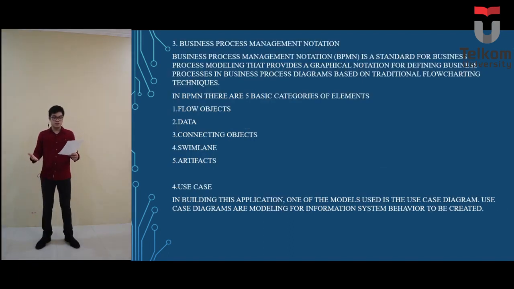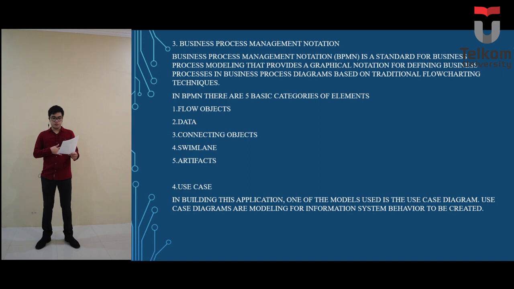Okay, in business process model and notation, in BPMN there are 5 basic categories of elements. The first is flow objects, then data, and for number 3, connecting objects. Number 4, swim lanes. And number 5, artifacts.